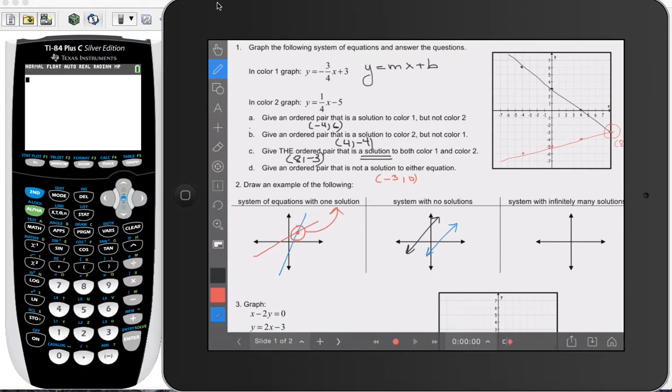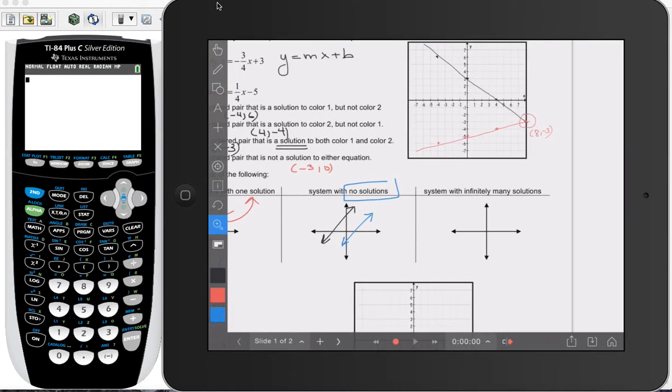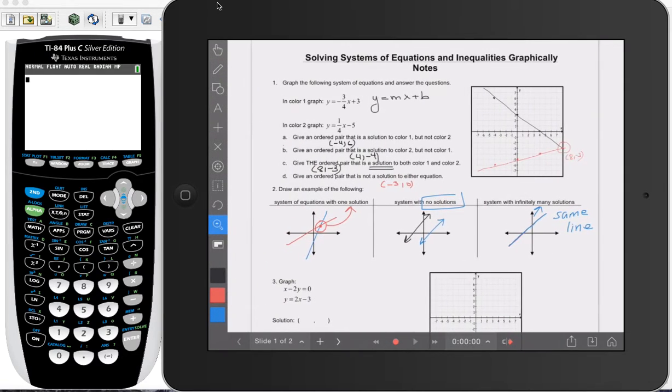They will never intersect, and that's why you will have no solution. Sometimes you might draw two different lines, but they end up being the same line. They overlap. In this case, they are the same line, and you will have many solutions or infinite solutions. So these are the three options every time you try to solve a system of equations graphically.